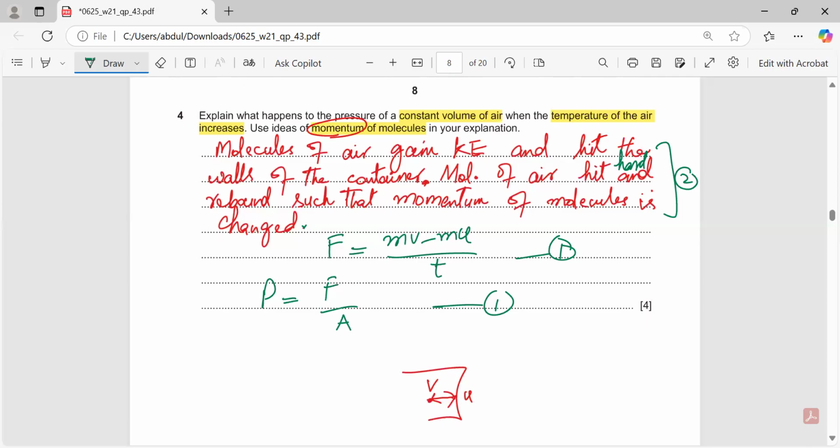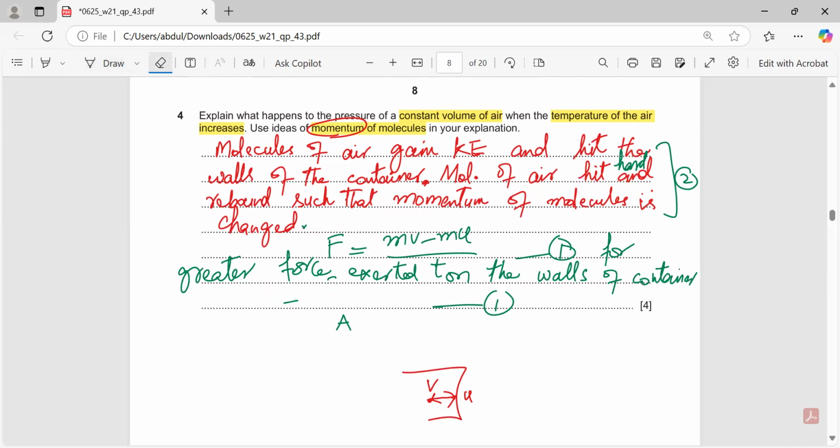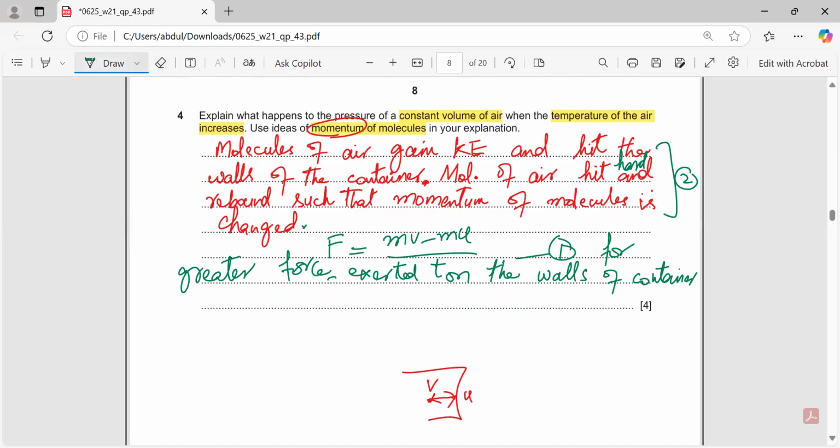So F is equal to mv minus mu over t, and for greater force exerted on the walls of the container, the pressure of the gas will be increased.